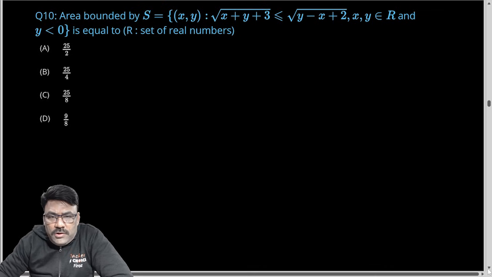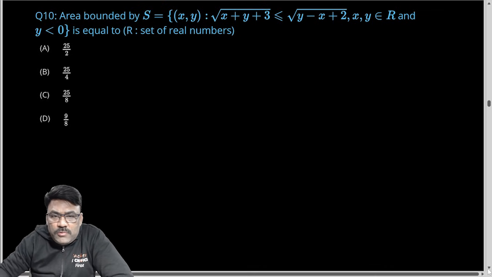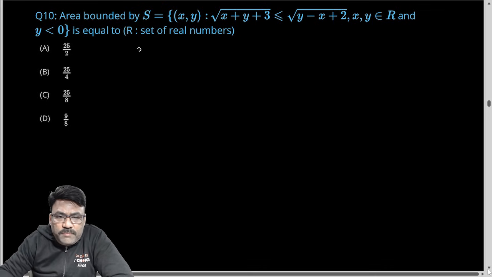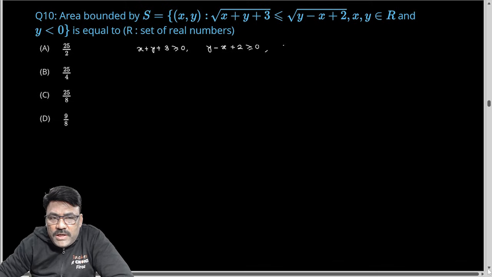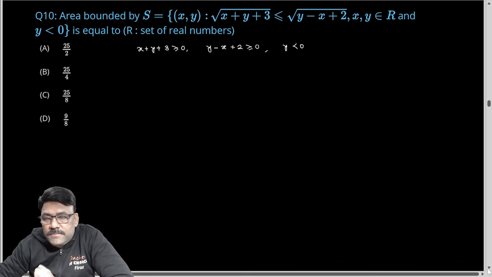So see, you can clearly say that since you have a square root here, this x plus y plus 3 must be greater than or equal to 0. Y minus x plus 2 is also greater than or equal to 0. Y less than 0 is already given.